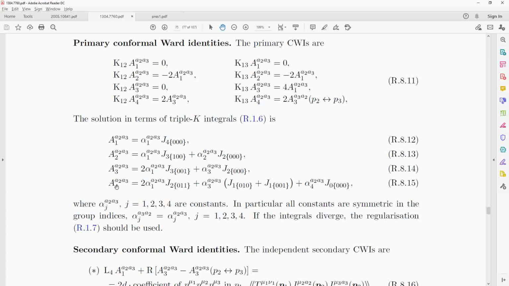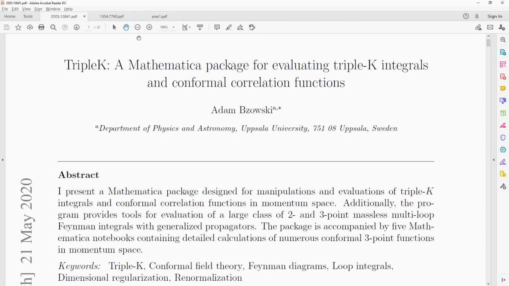So all 4 form factors are given in terms of TripleK integrals. And this is a very powerful and novel approach to the problem, because many of these TripleK integrals now can be evaluated explicitly.